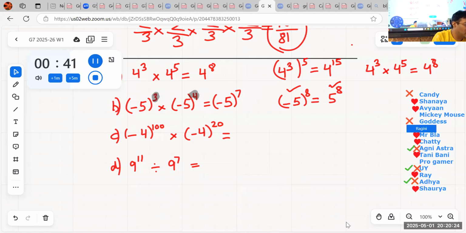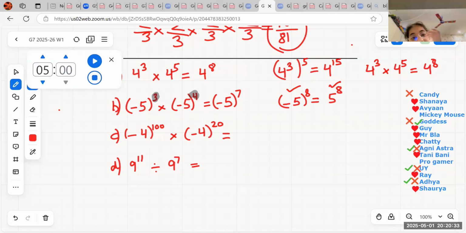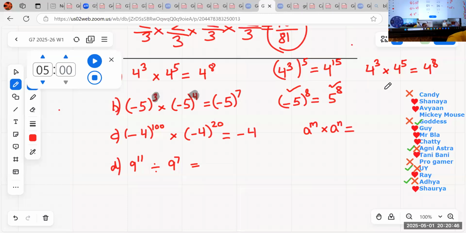So Pro Gamer, Goddess, Mickey Mouse. So Candy, what's my first answer? So -4 to the power of 2000. Not 2000, beta. See, A to the power m times A to the power n, what is its formula? You tell me.